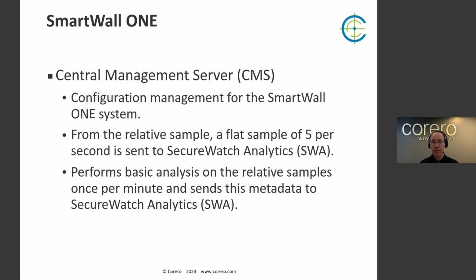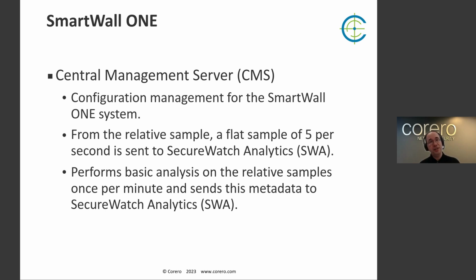Now, also at the end of the minute, the CMS uses all of the relative samples it got to make some metadata. So it'll take all of the sFlow it got in the minute and say, well, I can't send all these to the SWA. It's too many. I might have tens of thousands of them, hundreds of thousands of them in some cases.